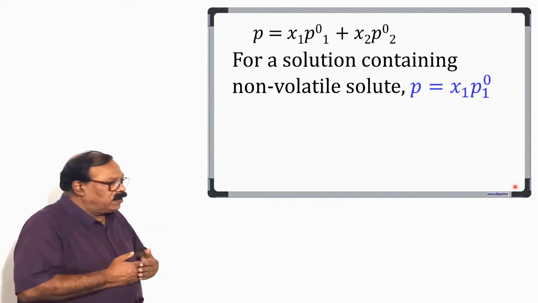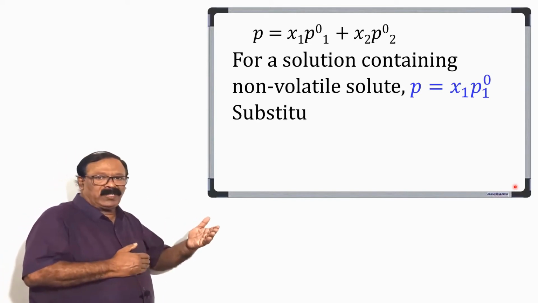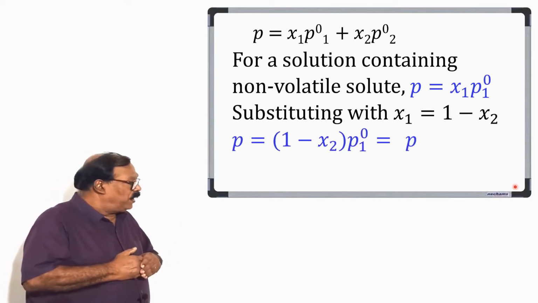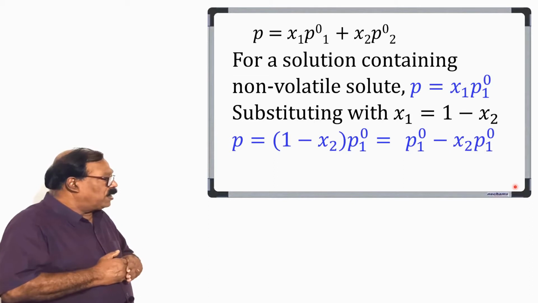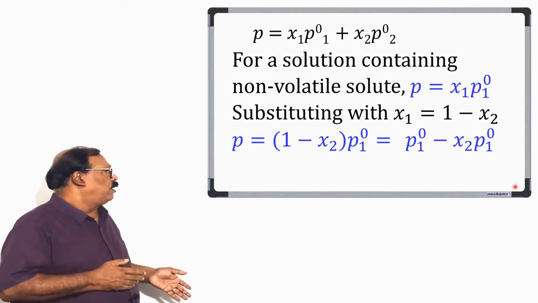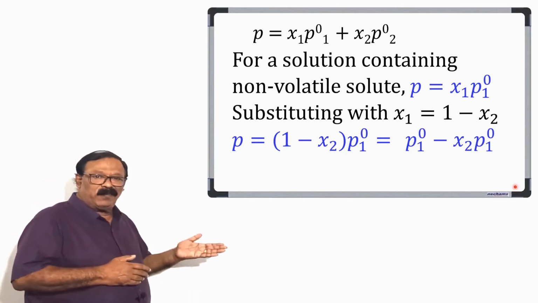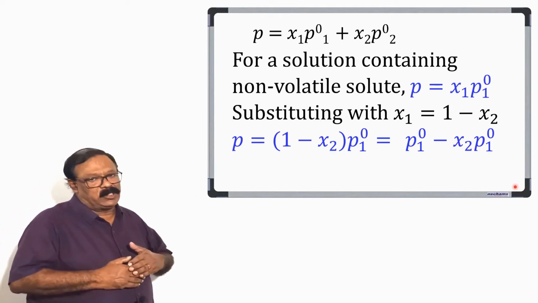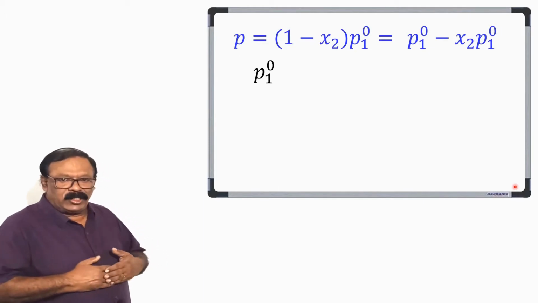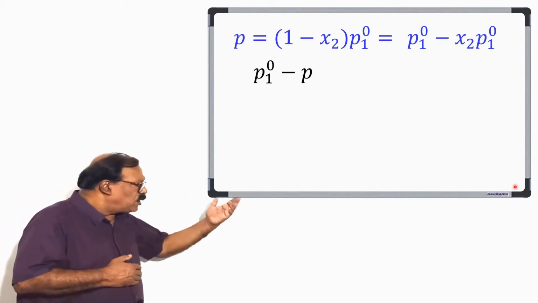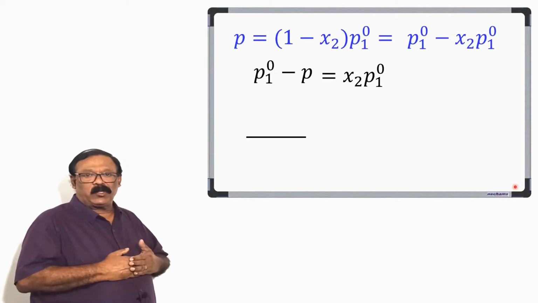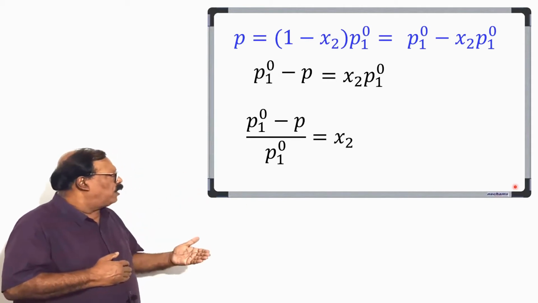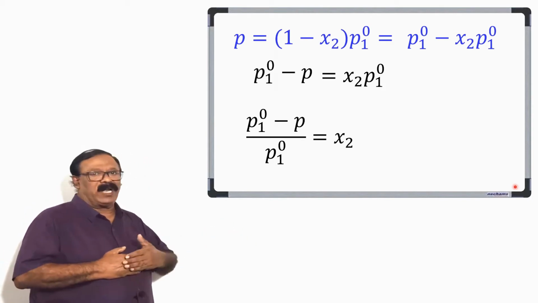In this equation, we replace x1 with 1 minus x2. Then we will get P equal to (1 minus x2) into P01. Removing the brackets, it will be P01 minus x2 P01. Rearranging, we get P01 minus P equal to x2 P01, or P01 minus P by P01 is equal to x2, the mole fraction of the solute.